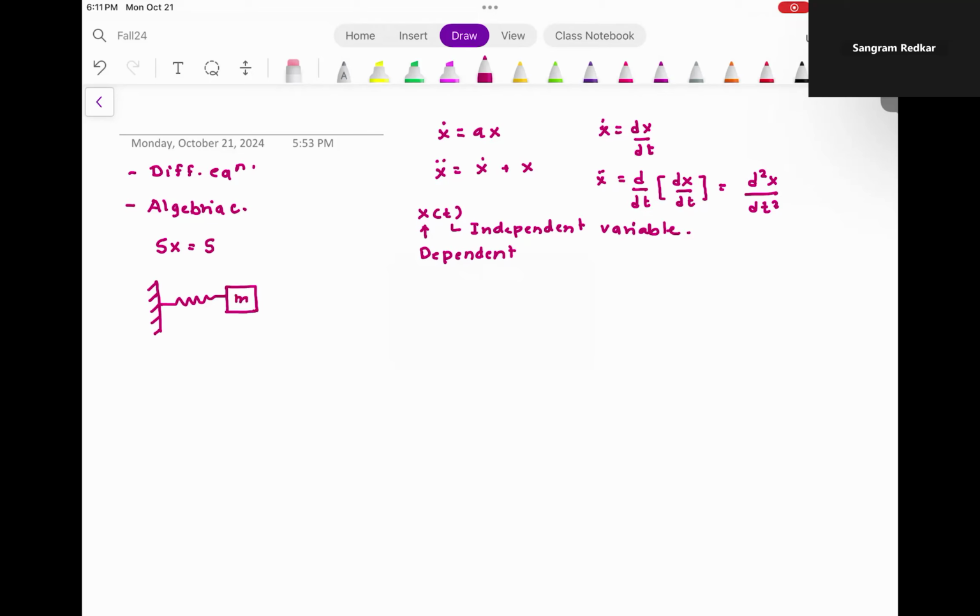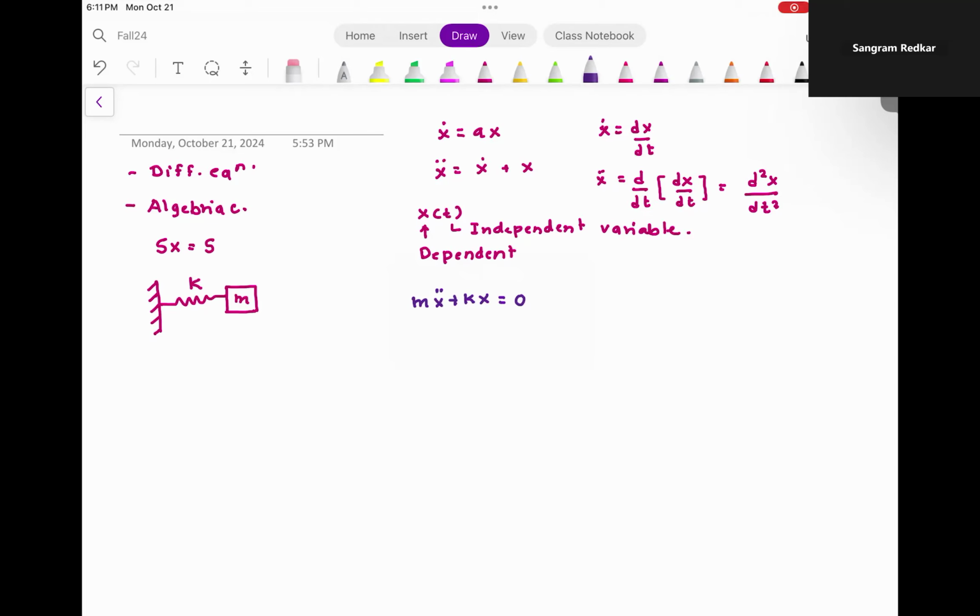We have mass, we have spring, and then we applied Newton's law, we applied the energy technique, and we found the equation m x double dot plus kx is equal to 0. Do you agree with me? This is the equation that we derived in last class.